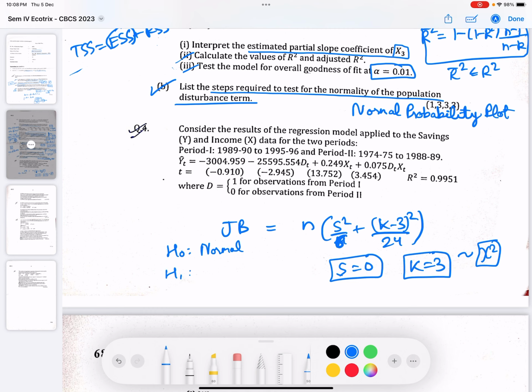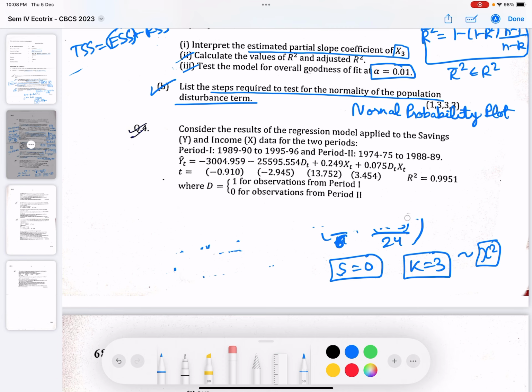And H1 is that it doesn't follow a normal. So if the statistic value is coming out to be very high, it would mean that the disturbance term doesn't follow the normal distribution. Okay, now coming to question 4.